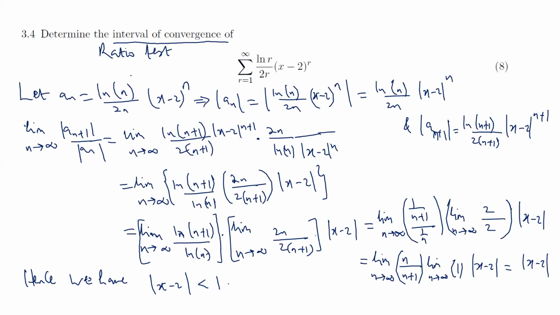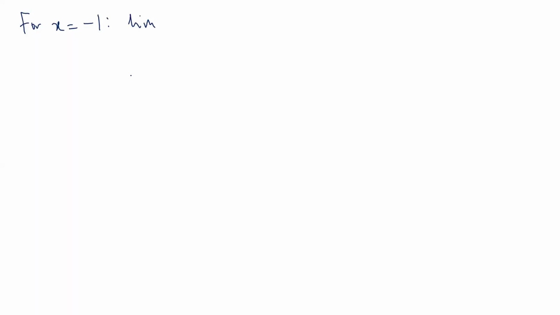So we'll continue to say, for x equal to minus 1, you'd have the original one, which is the summation from 1 to infinity of ln over that.